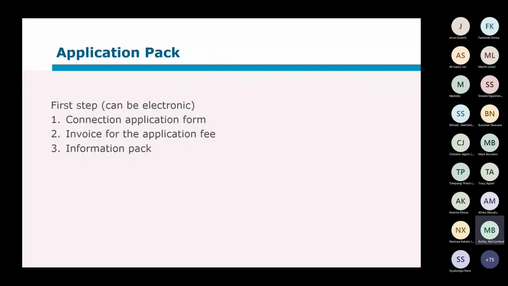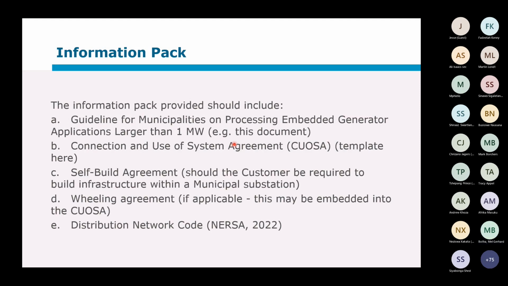So what else should go into that application pack? The application form, the application fee, and then the general information. So, for instance, what is your process? If you don't have a process, the guideline that we've shared is a good starting point so that the customer has a good idea of what to expect and what the processes would be. Then there would be the connection and use of system agreement.